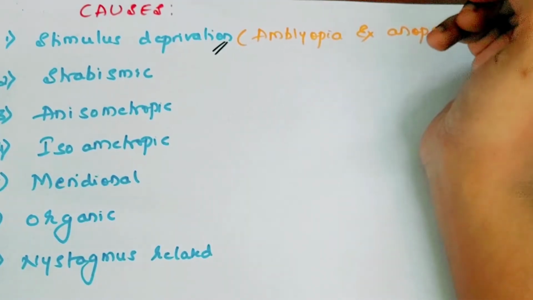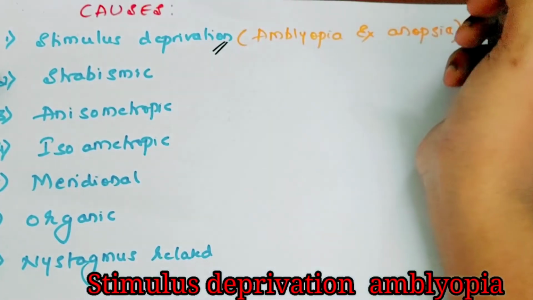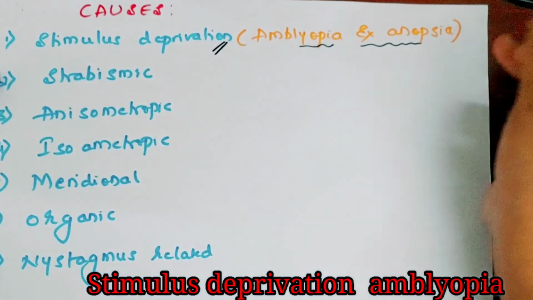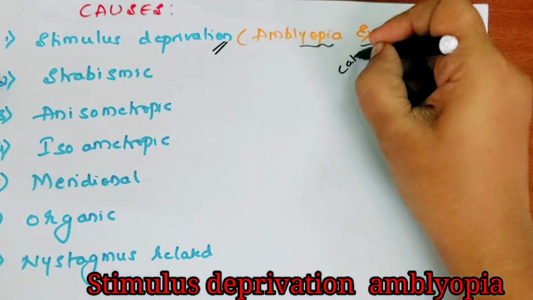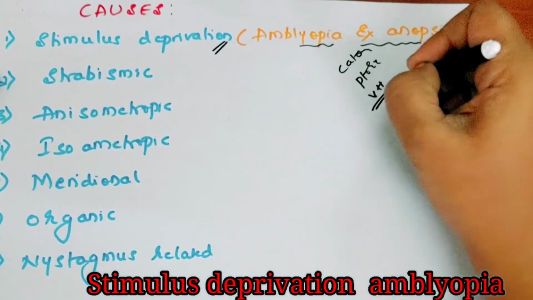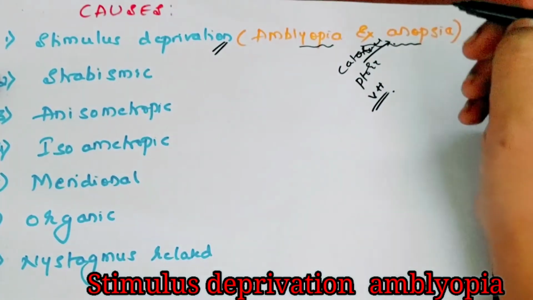And this amblyopia can be classified depending upon the various causes, like the stimulus deprivation amblyopia, also called as amblyopia ex anopsia. So there is no stimulus to the retina. So that is in case of cataract, complete ptosis, or even the vitreous hemorrhage. So there is no stimulus which is reaching the retina, leading to amblyopia.